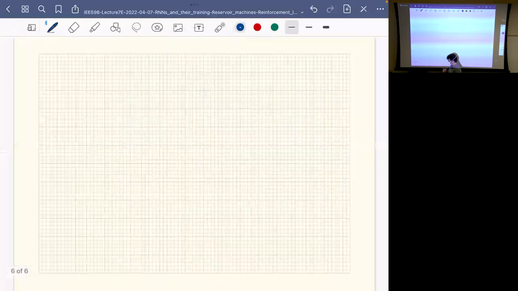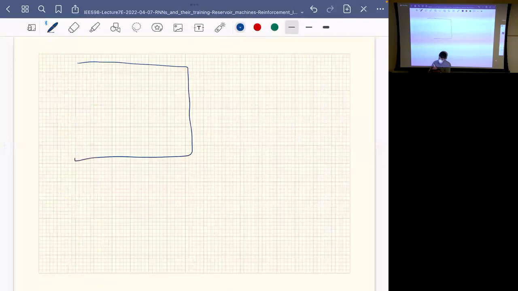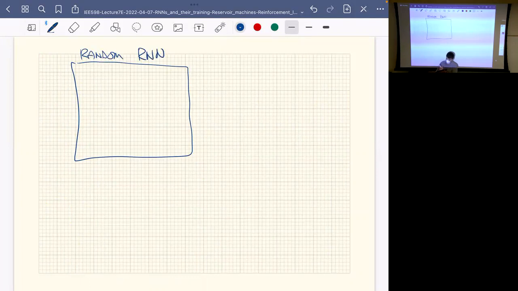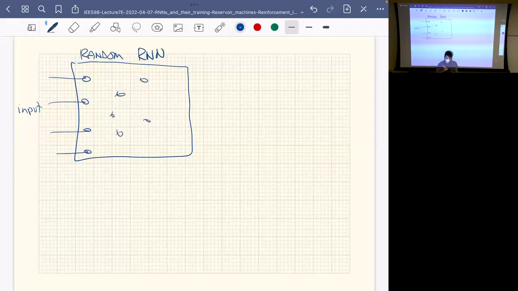And I see there's a question online. So the idea here is you can create a random recurrent neural network. You've got your inputs coming in, and you just define a certain number of nodes inside here, and they're all connected to each other in random ways.